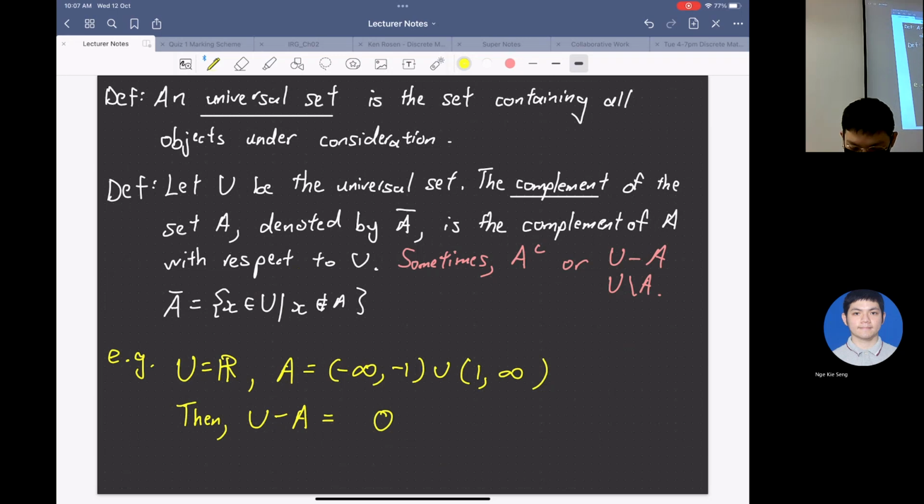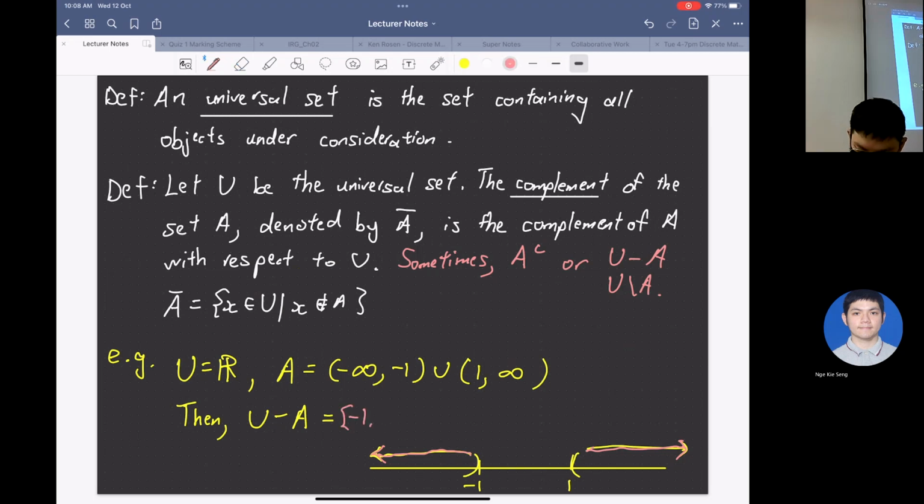My U is the real line, and then I take from -1 to 1, and here is my point, and here is my point. So I take away the rest. What am I left with? Ah, yeah. It's the closed interval from -1 to 1, all the numbers here.